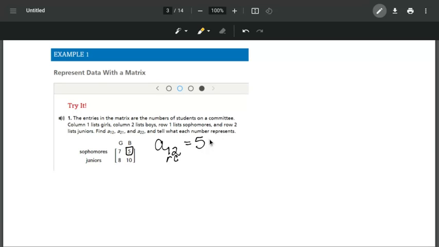So that means there are 5 boys who are sophomores. Then we need to find A21.